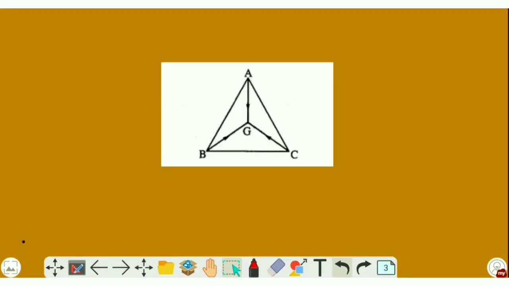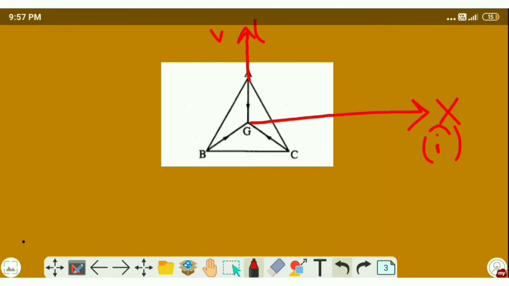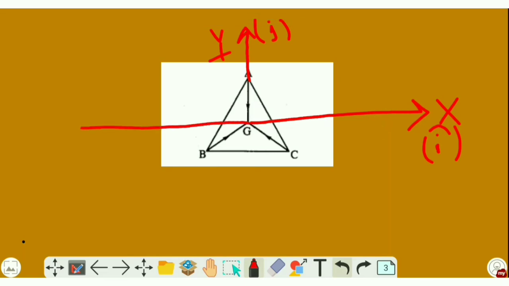So first try to visualize this problem. Let's suppose this is our x-axis and this is our y-axis. This has its unit vector i cap, this has its unit vector j cap, this has its unit vector minus i cap, and this has minus j cap.